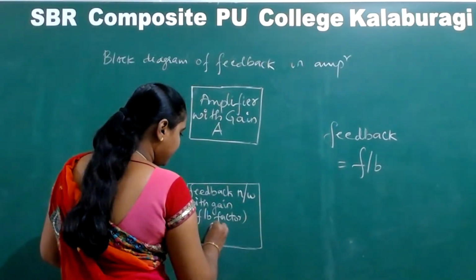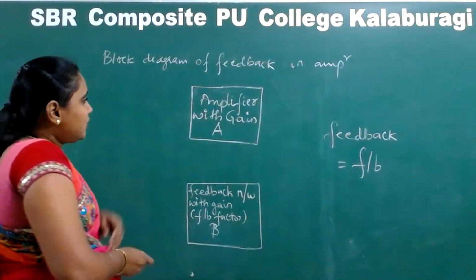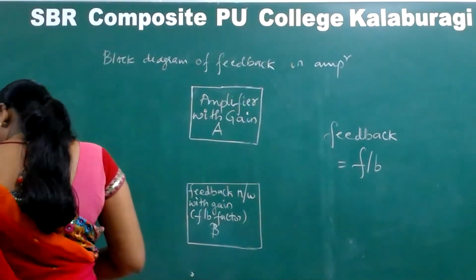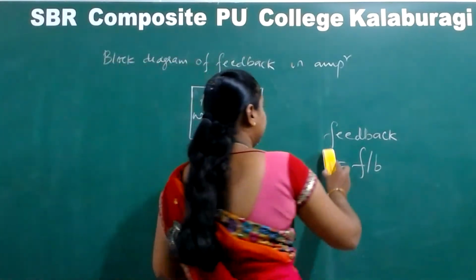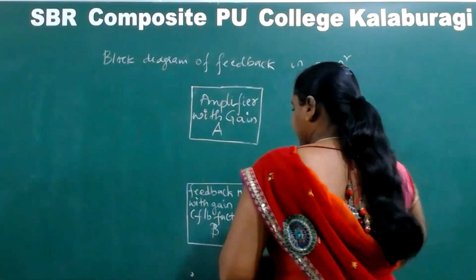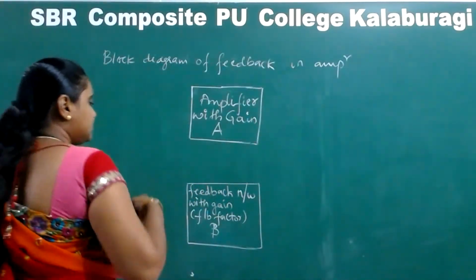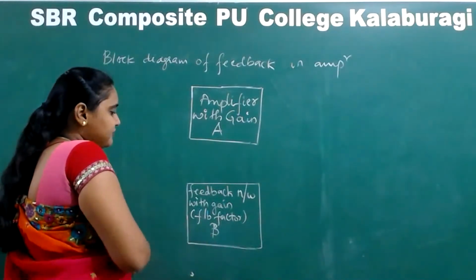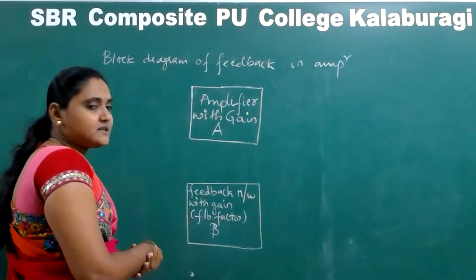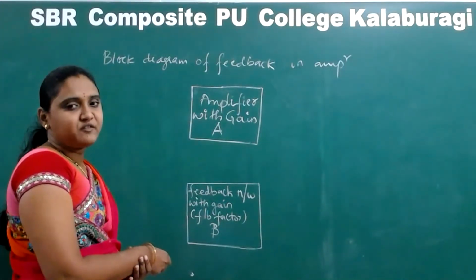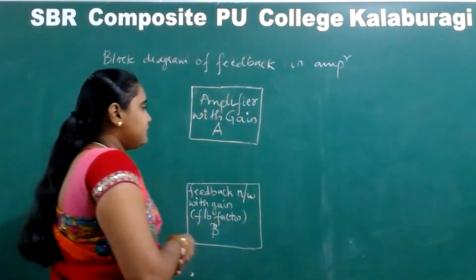So the two components are A and beta: the amplifier with gain A, and the other block is the feedback network with the gain or feedback factor of beta. So here we have two parameters: the gain of the amplifier and the feedback factor of the feedback network.